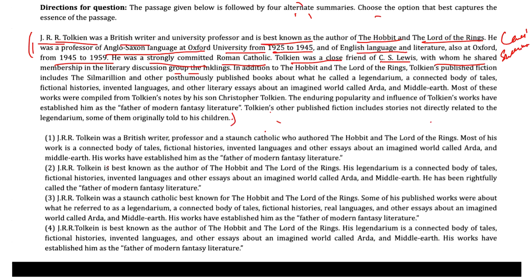The passage also touches on Tolkien's personal beliefs, particularly his strong commitment to Roman Catholicism, his friendship with C.S. Lewis, and his involvement in the literary discussion group. Additionally it mentioned his other published fiction and the posthumous compilation of his works by his son.